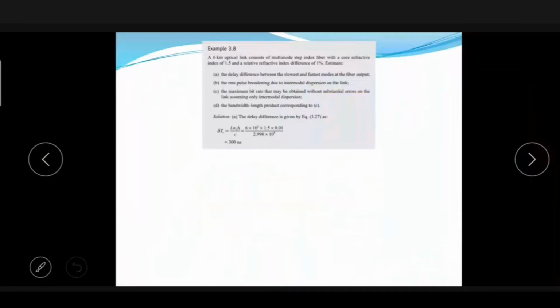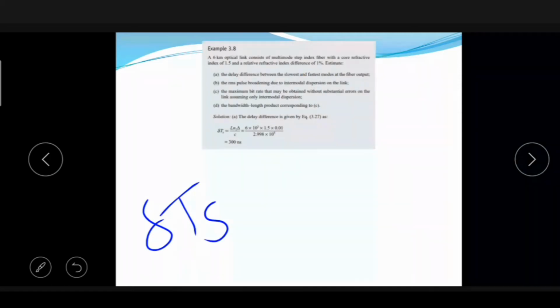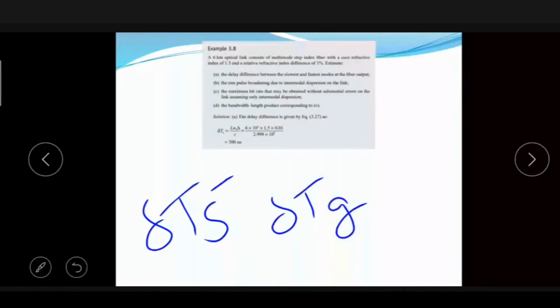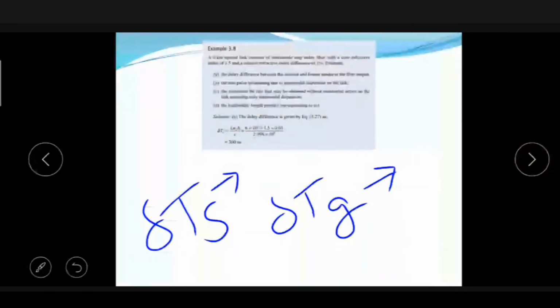This is a problem based on the previous derivation we have done to find delta Ts or delta Tg, depending on the fiber. If it is step index, you get an expression for delta Ts and find it. If it is a graded index fiber, you get an expression for delta Tg and find it. Again, they may ask you to find N1 or to find delta.